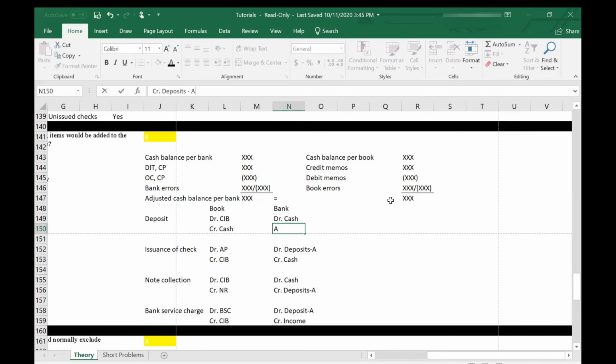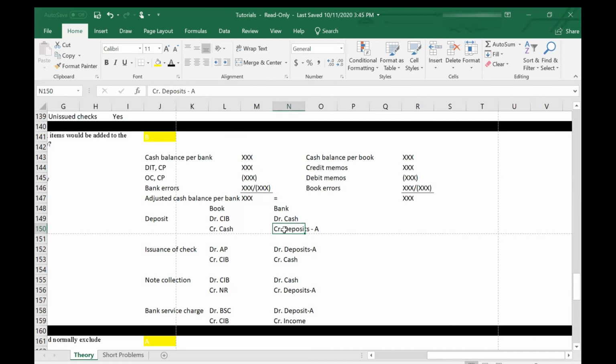Deposits, let's say your name is A. This deposit is actually a liability of a bank. Between you and the bank, there's a debtor-creditor relationship. Meaning, yung cash na tanggap ni bank, hindi niya cash mo yon.